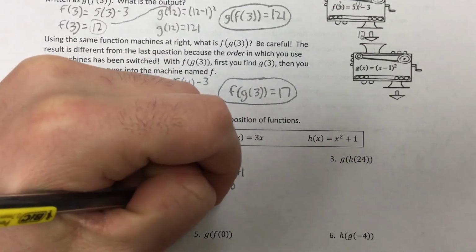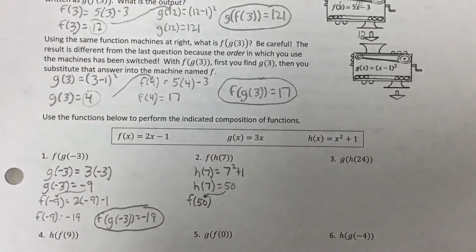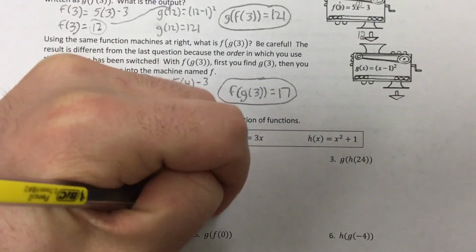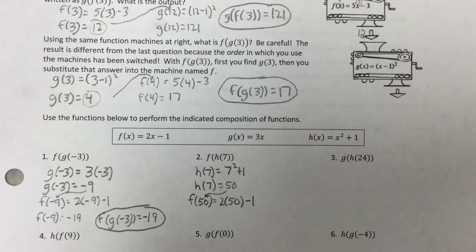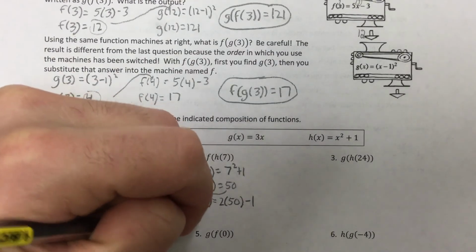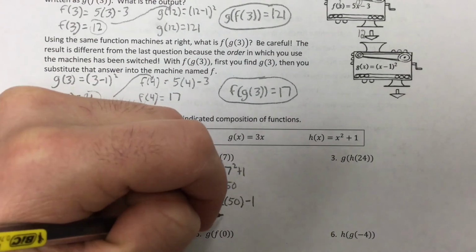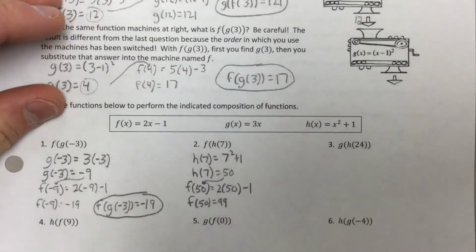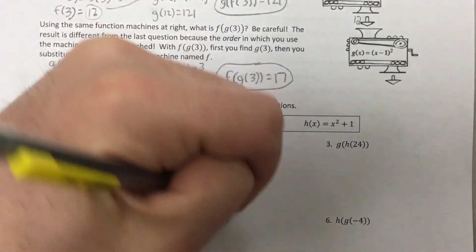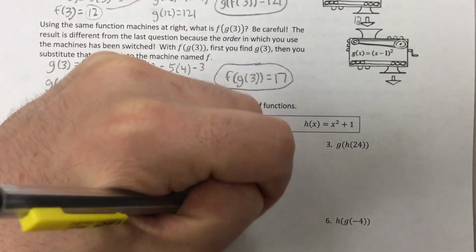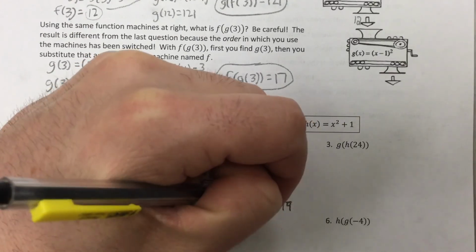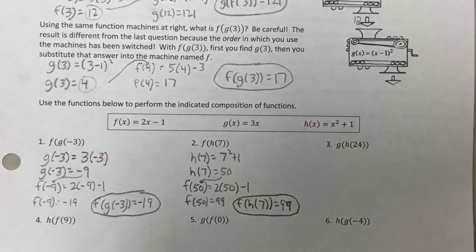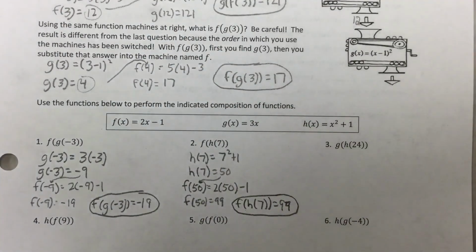We have f of 50 is equal to 2 times 50 minus 1. 2 times 50 is 100, minus 1 is 99. Again, we just want to make sure we write our final answer using the proper notation: f of h of 7 equals 99. That's our basic compositions.